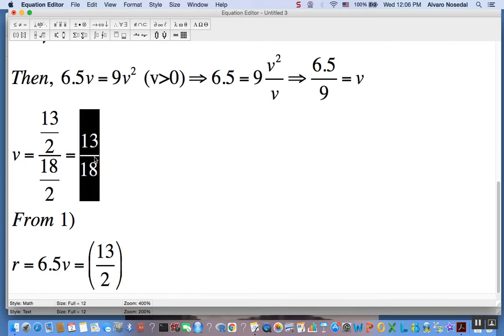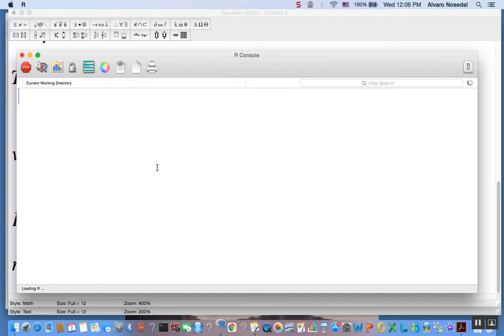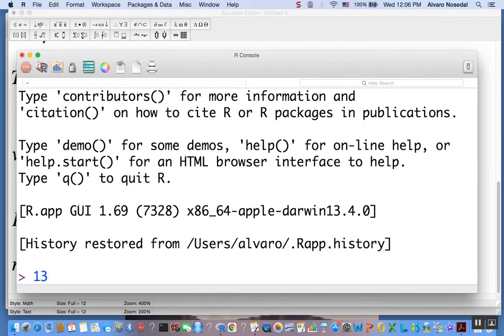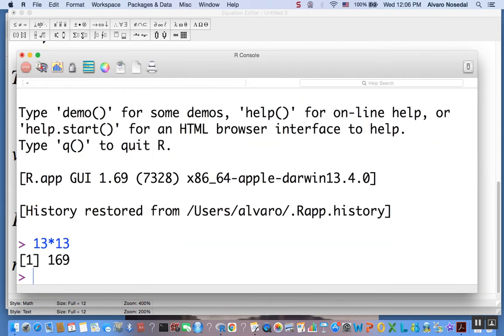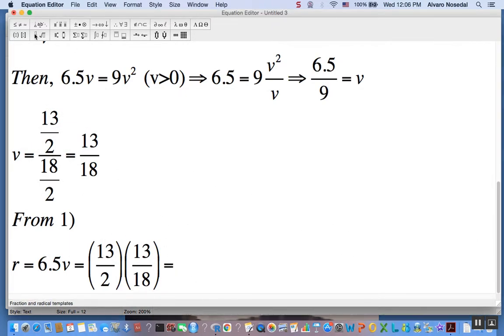And v happens to be 13 divided by 18. And then 13 times 13 is 169, so 169 divided by 36. Okay?